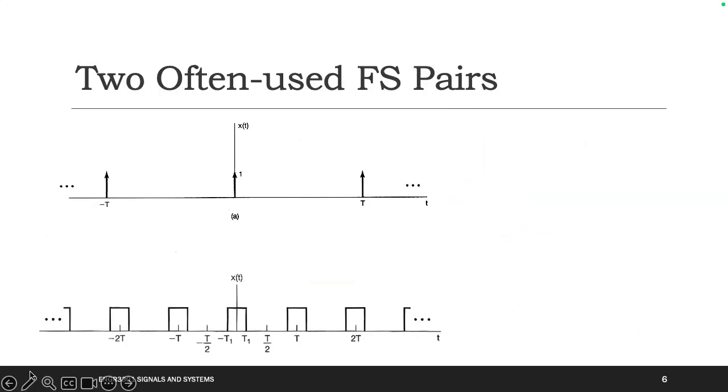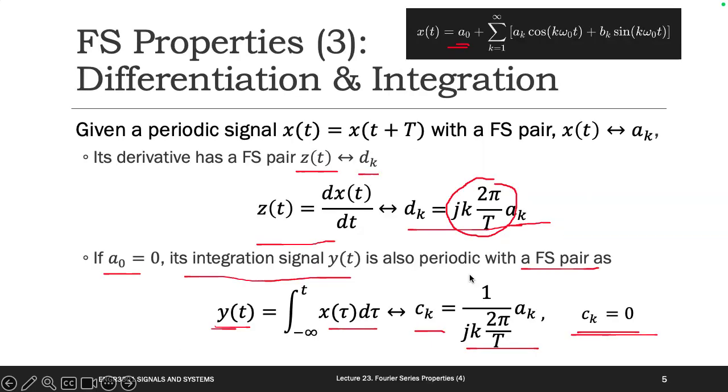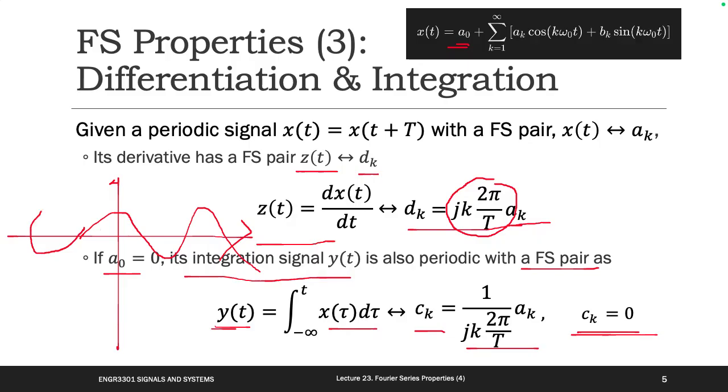For example, you have a sinusoidal signal. If you add a constant, the whole diagram will shift up or down.